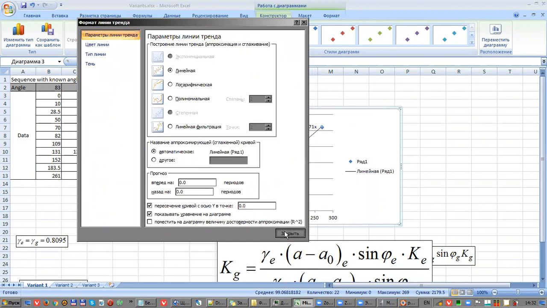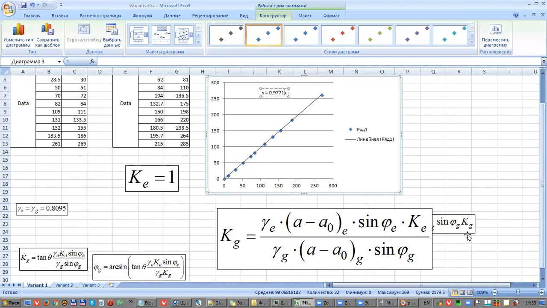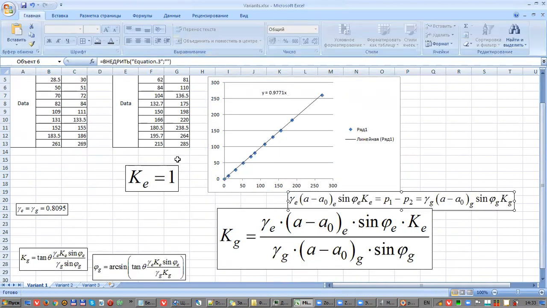So I have a line, and I have an equation of this line, and I have a coefficient. 0.9771 is the coefficient in question. So I just write this coefficient in a cell of Excel. Yeah. After that, I obtain this part of the equation.